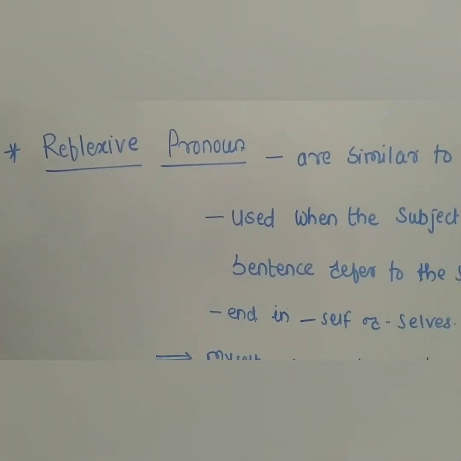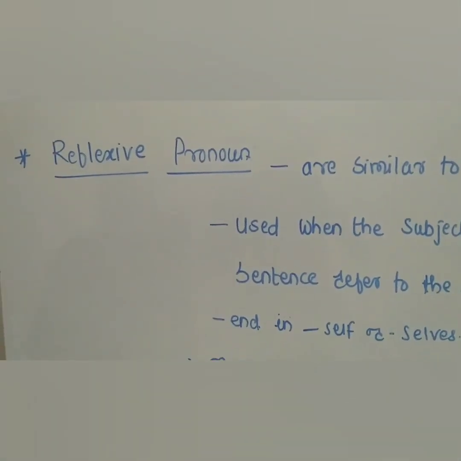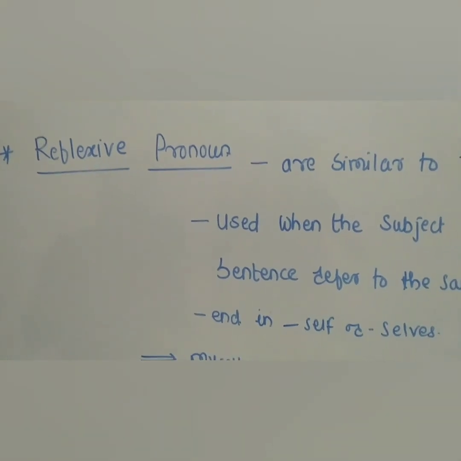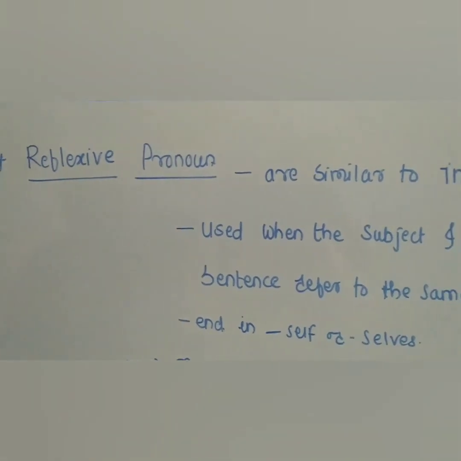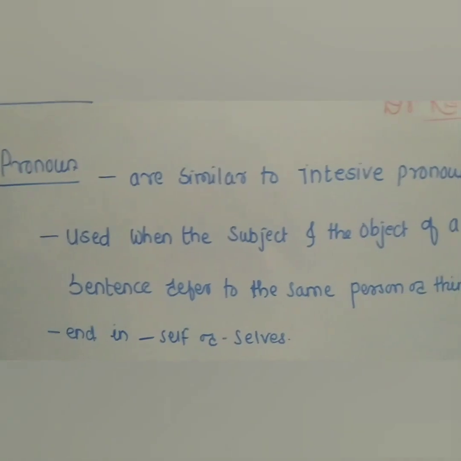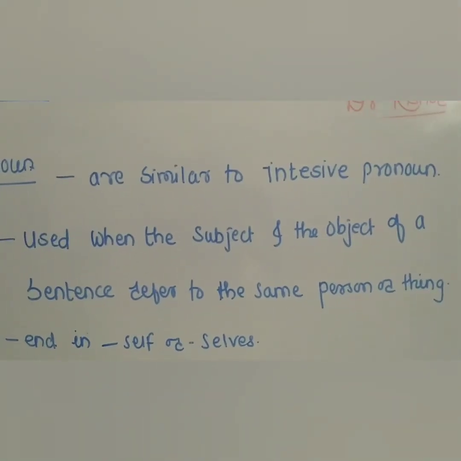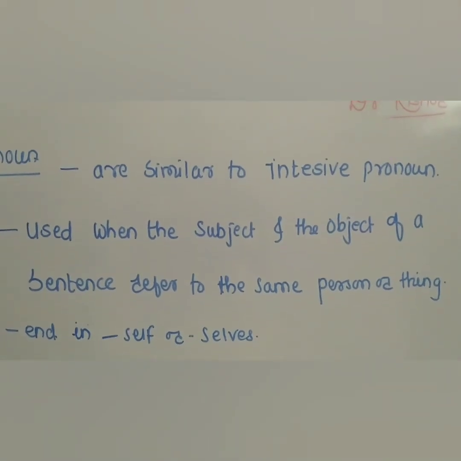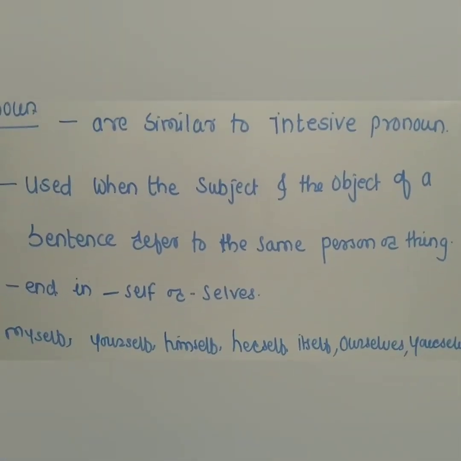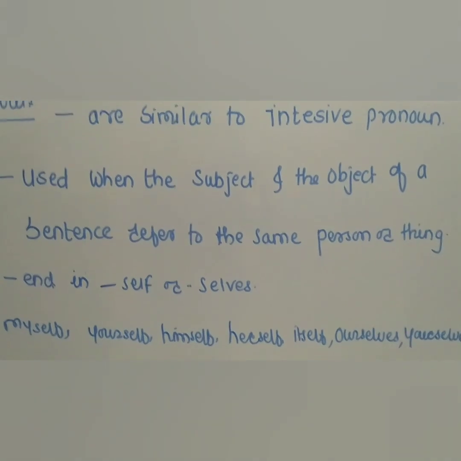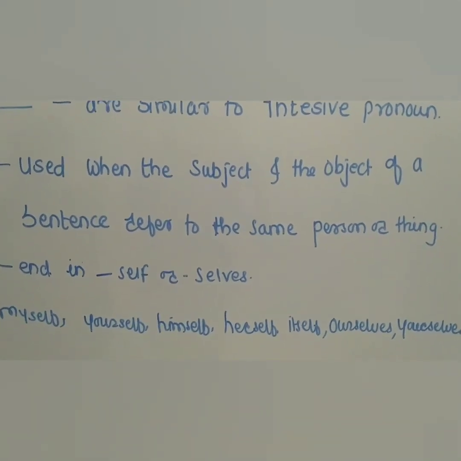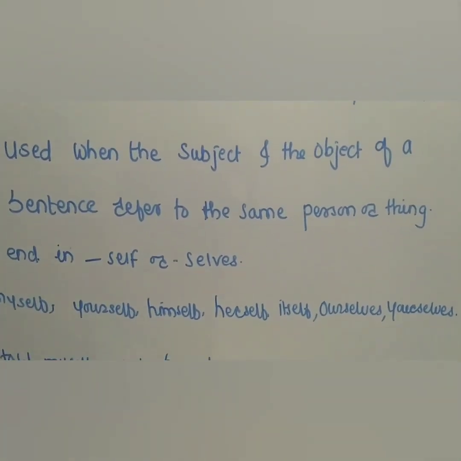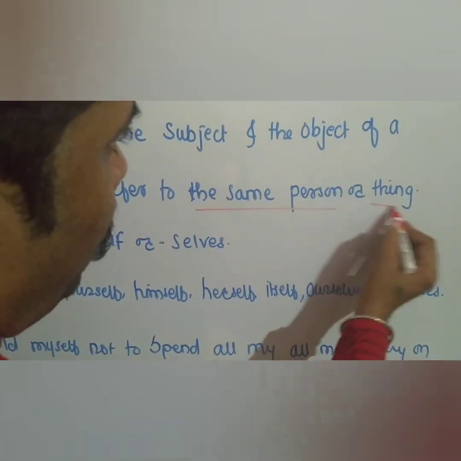Now the last type of pronoun is the reflexive pronoun. A reflexive pronoun is similar to the intensive pronoun. It plays the same role as an intensive pronoun in the sentence. A reflexive pronoun is used when the subject and the object of a sentence refer to the same person or thing.